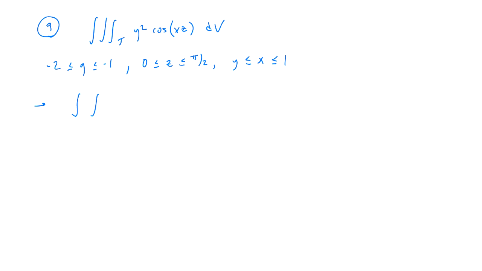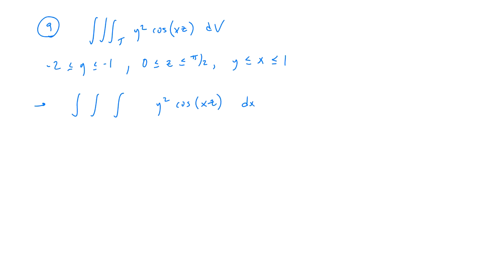So give some room to put in things. y has to be after x, but other than that, any preference for the order? We can either start with dz or dx. Doesn't look like it matters much. x, okay.